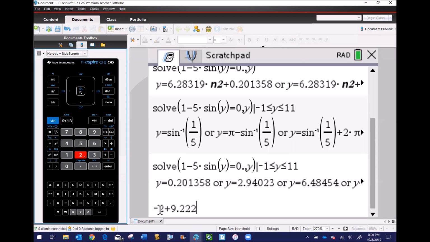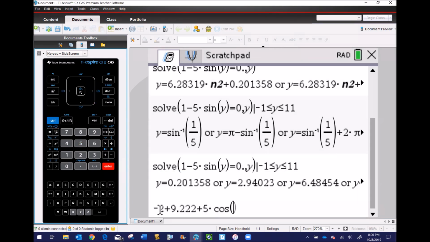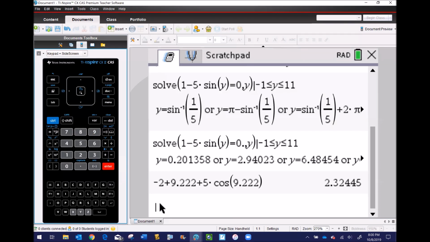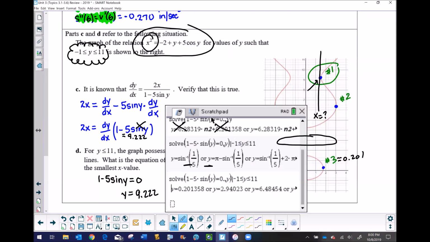And then we are going to add 5 times the cosine of 9.222, and we end up with this answer, 2.32445. Now, if you look back at your notes, that's what x squared is equal to now. Am I right? So we know that x squared is equal to that expression that we had on the calculator.